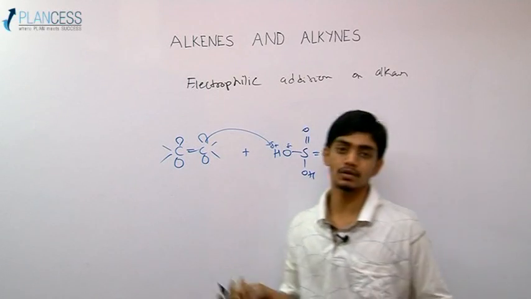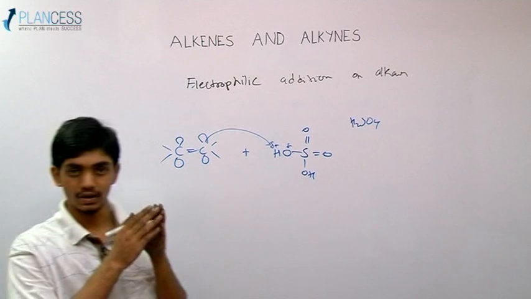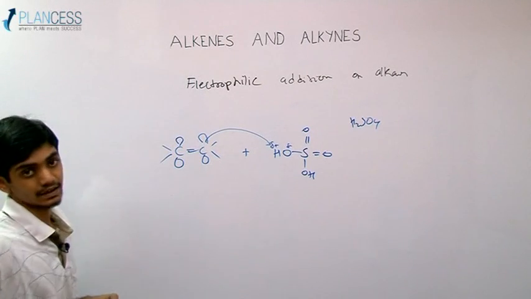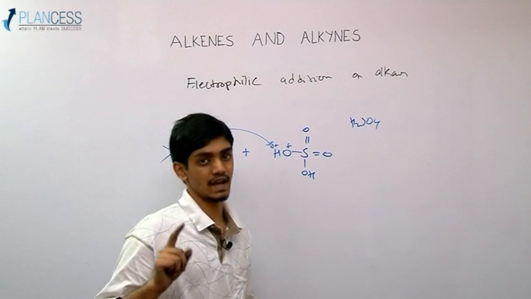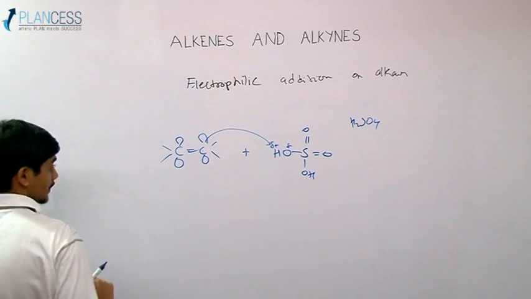Here we don't have anything called the E2 mechanism. Here everything proceeds through carbocation intermediates. Although we will see a different kind of intermediate in the case of dihalogens, that is X2 in CCl4. Fine.